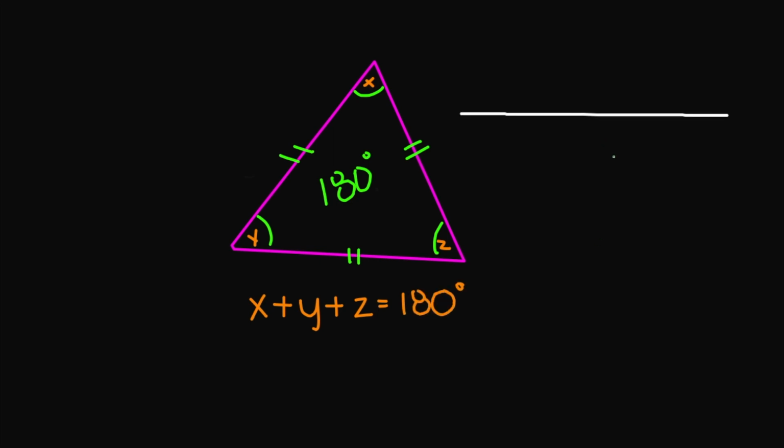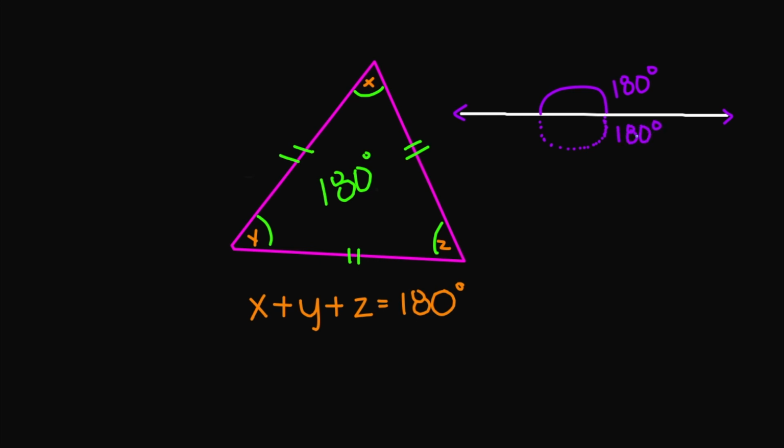Another point to remember is that the angle of a straight line is also going to equal 180 degrees. So this is your straight line here, and if I measure these two points, this also equals 180 degrees. If I complete the bottom half of the circle, that's also 180 degrees.